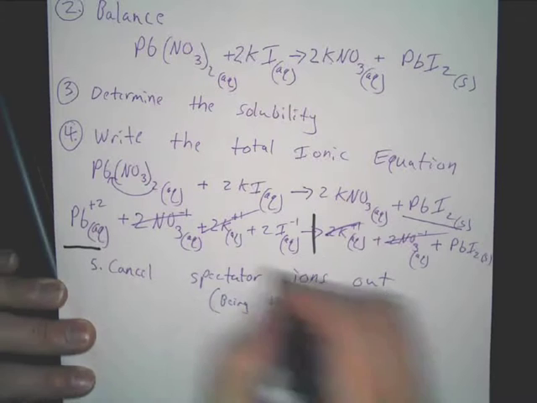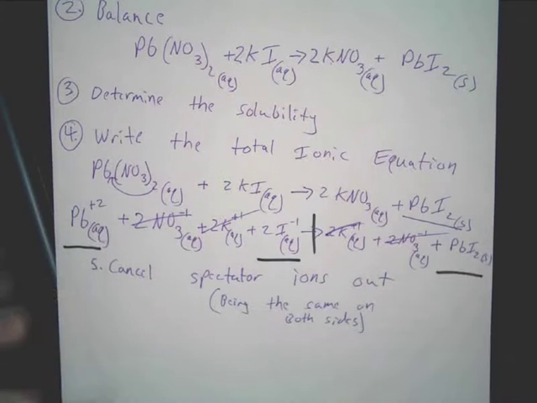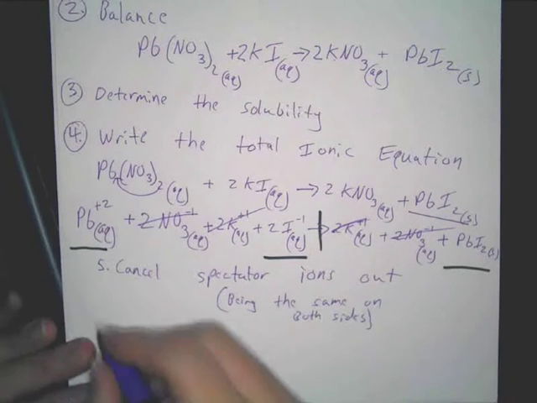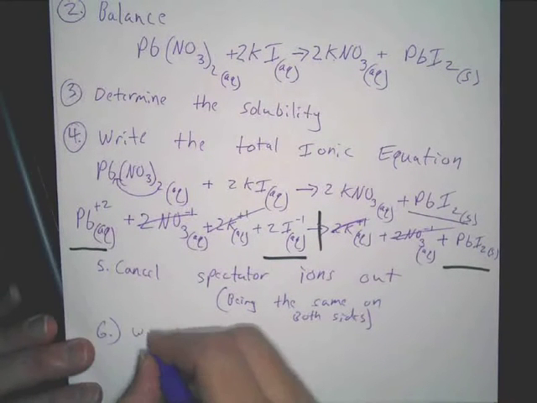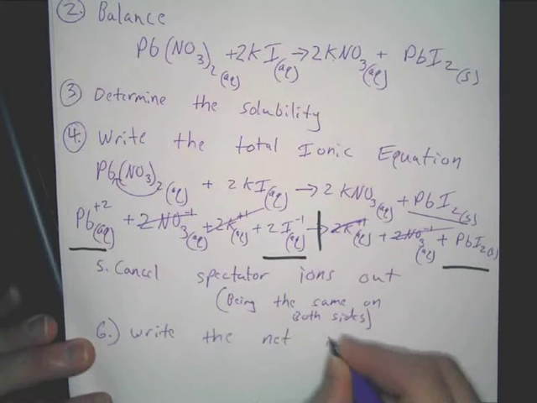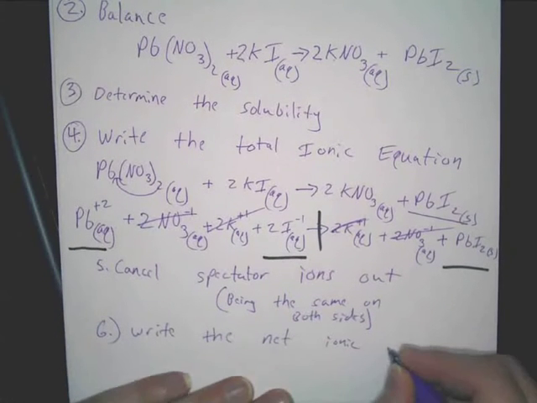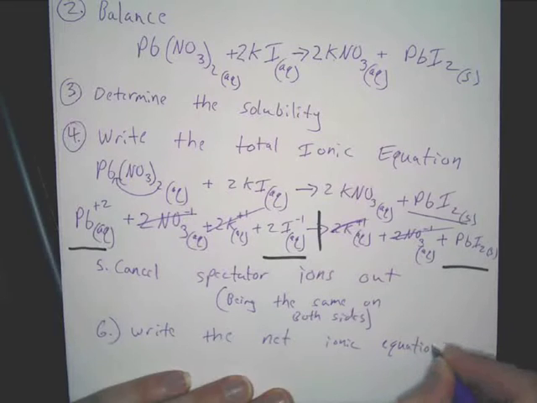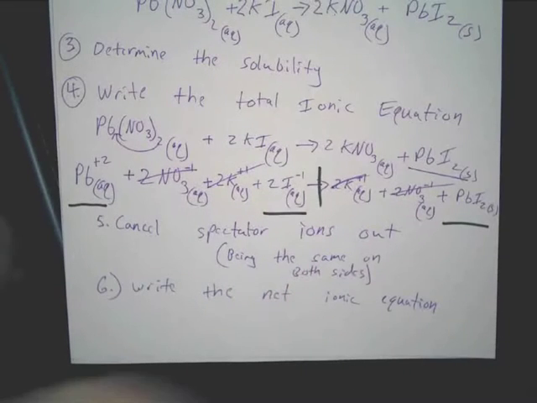You have now established what will react. So the final step is write the net ionic equation. The word net implying that you're going to write only what actually happens.